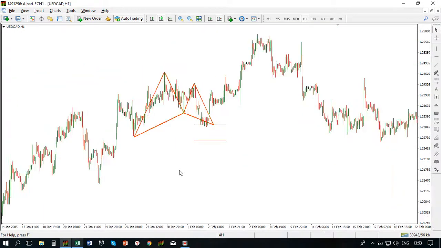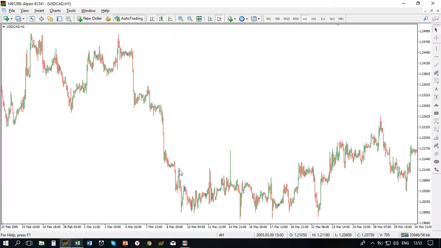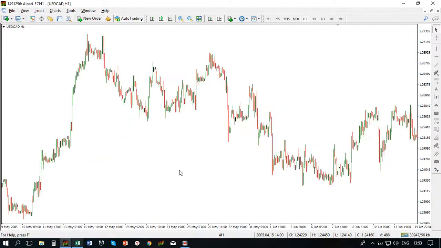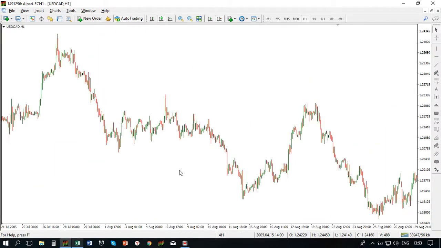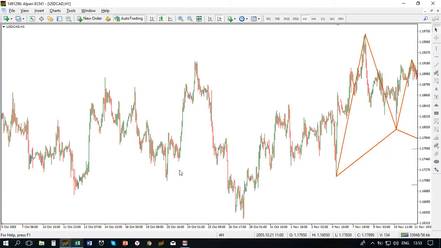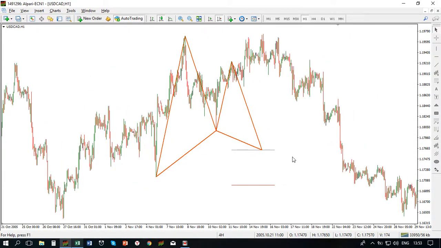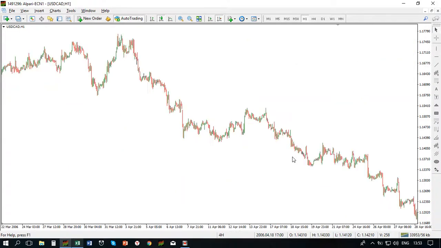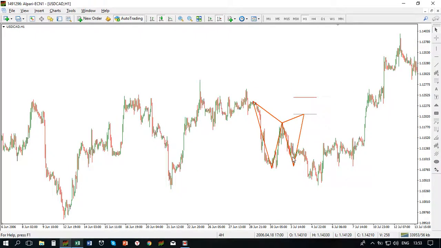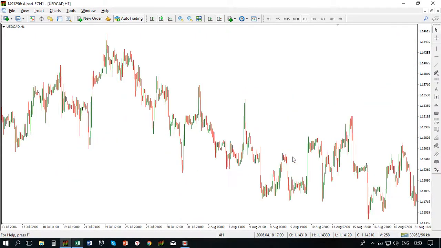And now let's go next. It is a continuation. Continuation pattern. We will skip many patterns. Okay, nothing.